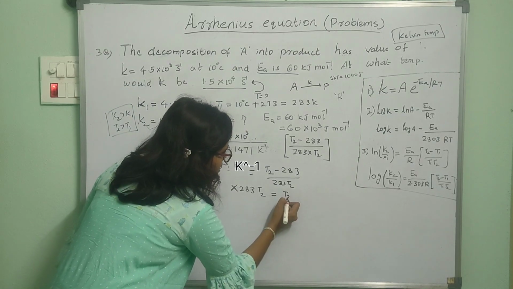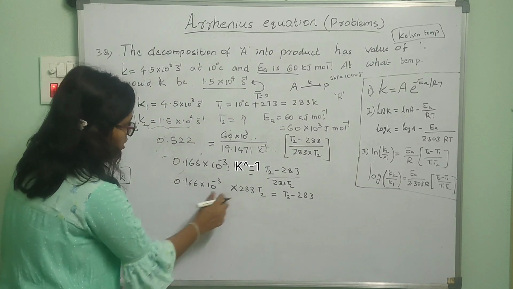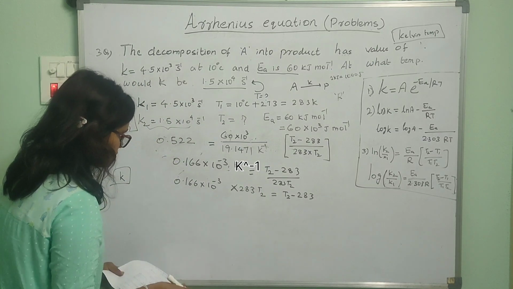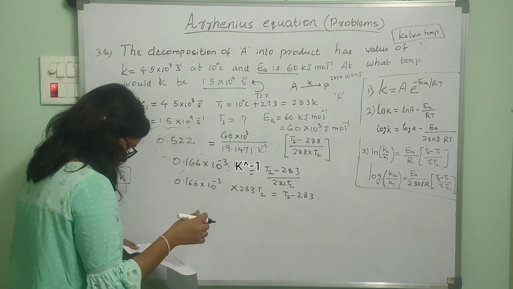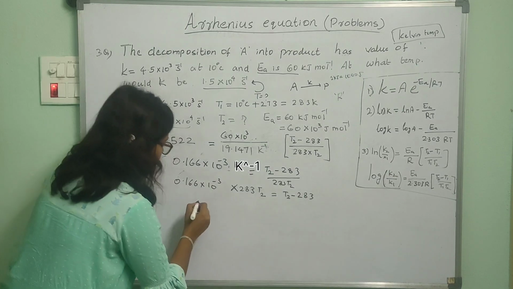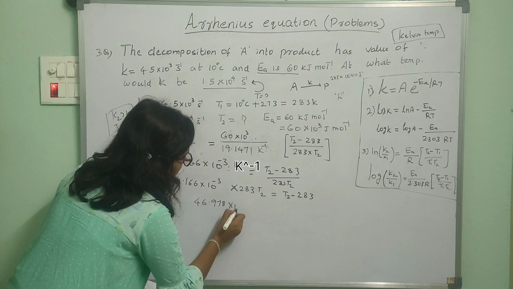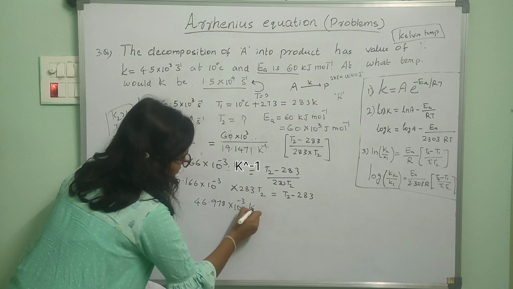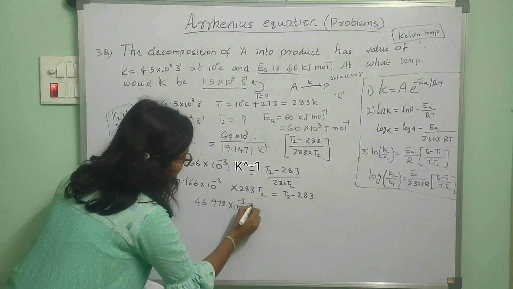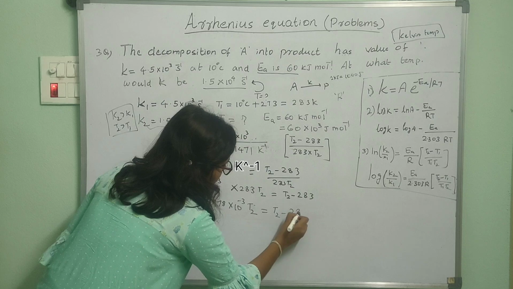So this would be T2 minus 283. Right? When I multiply, this becomes 46.978 into 10 power minus 3 T2, T2 minus 283.